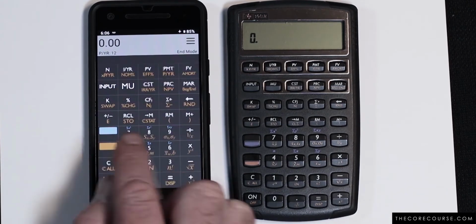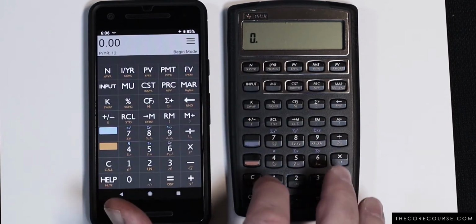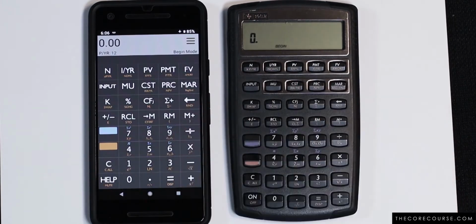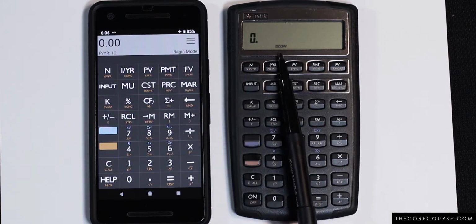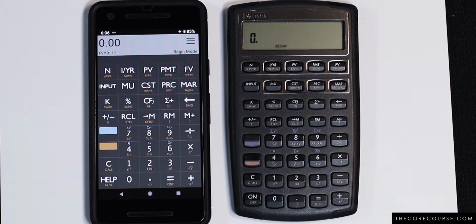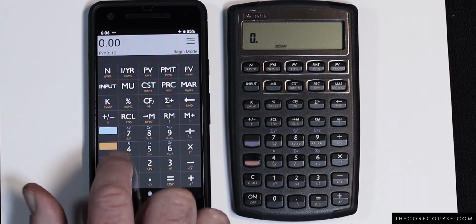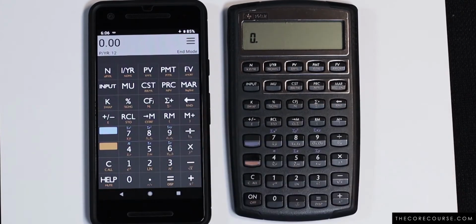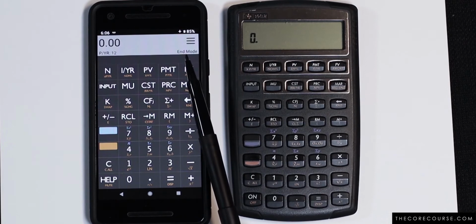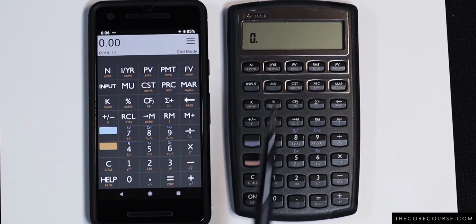So press gold key MAR and gold key MAR. So you can see here on the app, it says it's in begin mode, and here on the hard calculator, you see the word begin. Switch them back. Gold key MAR, gold key MAR. So on the app, it will always show you if it's in begin or end mode. On the hard calculator, you will only see the word begin. You will not see the word end.